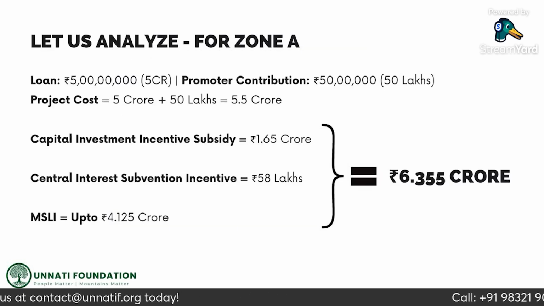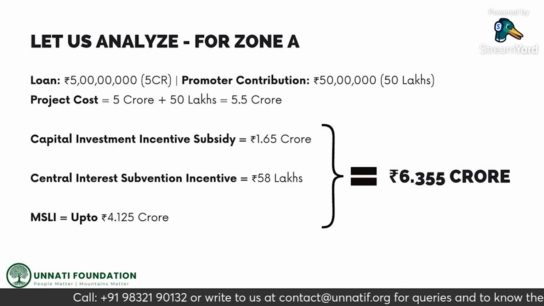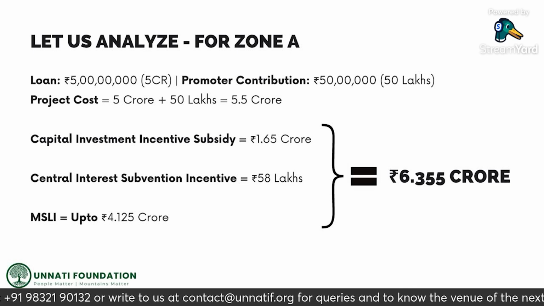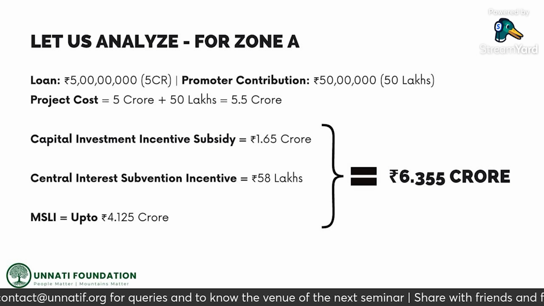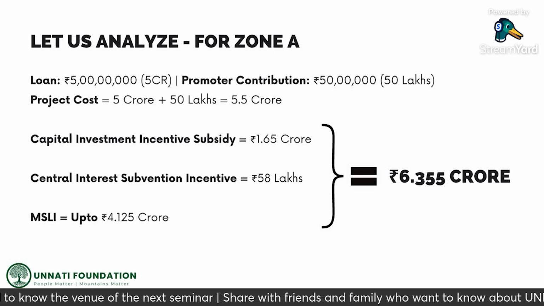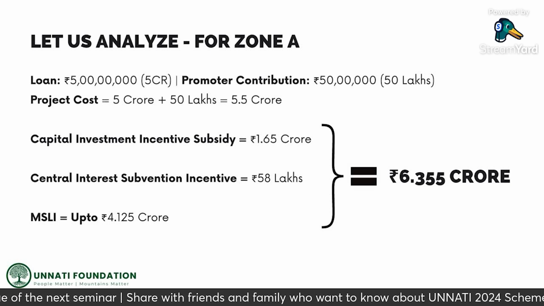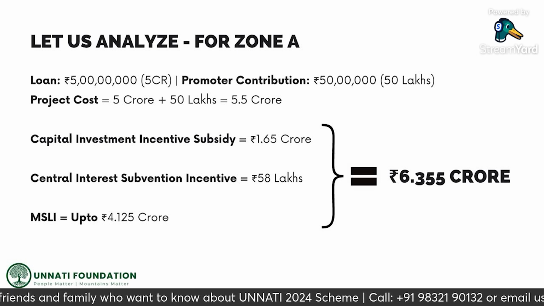Let us analyze for zone A, where you get only 30% on your capital investment, 3% as interest subvention, and only up to 75% of your project cost in terms of your MSLI. Here, if you add those three, it is 6.355 crore for a project cost of 5.5 crore.